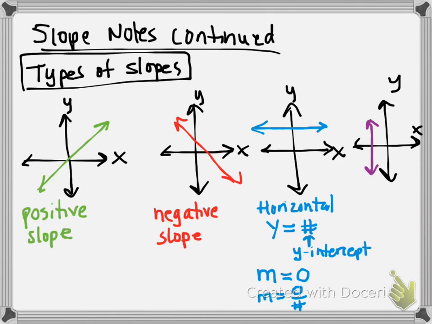Then we have one more. Okay, so what kind of line is this guy? The purple one. He's vertical, okay? And if I write his equation in general form, what would that equation look like? Allison? It's x equals some number. That number will be the x-intercept where it crosses the x-axis. Now here comes the intercept.